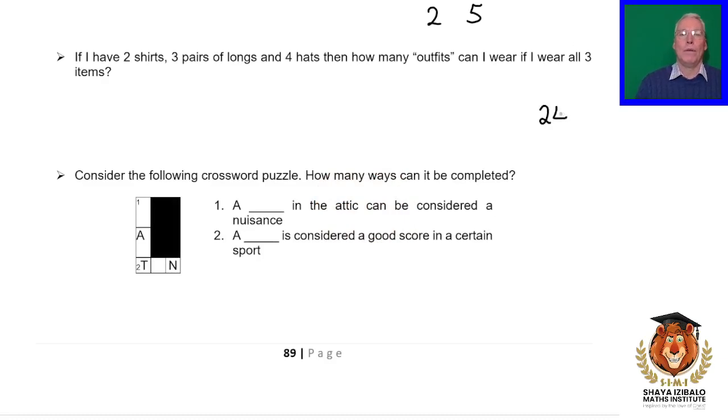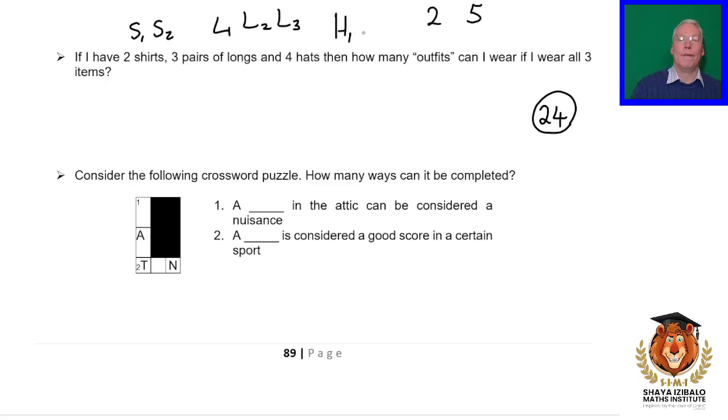All right, and I'm going to call the shirts S1 and S2. I'm going to call the longs L1, L2, L3, and I'm going to call the hats H1 and H2. All right, and I'm not going to write down all 24, but what I am going to do is show, we know that with 3 longs and 2 hats, there will in fact be 6 options.